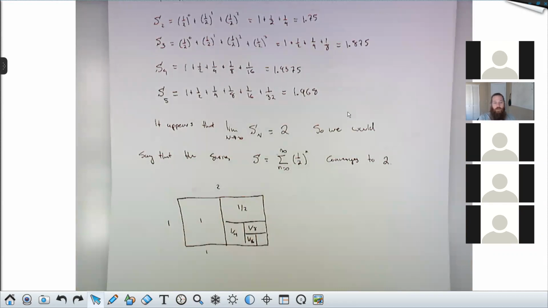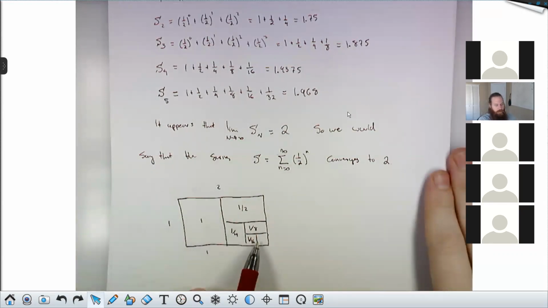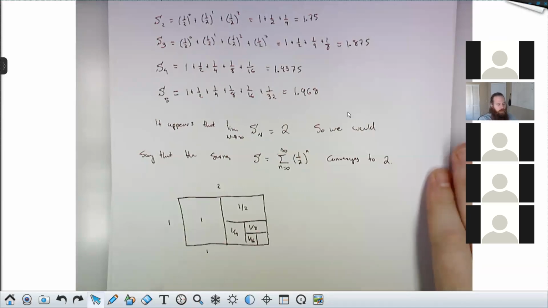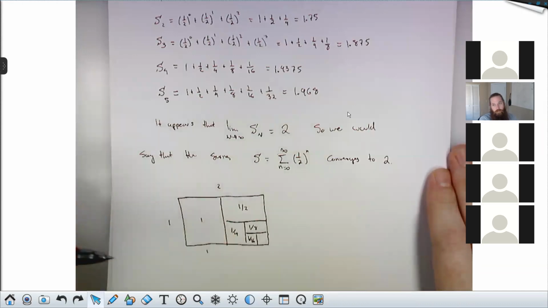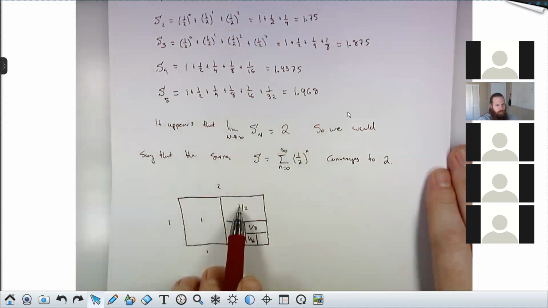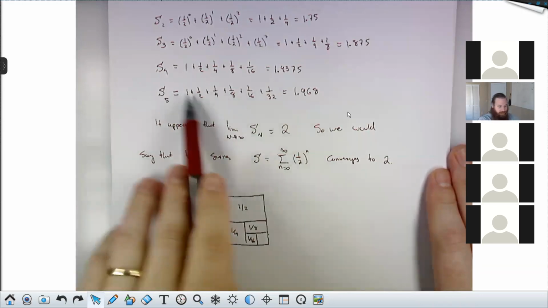And if I continue this pattern of chopping and chopping and chopping, there's 2 ways to interpret the area. On the one hand, the area is 2 times 1, which is 2. On the other hand, the area is 1 plus 1/2 plus 1/4 plus 1/8 plus 1/16. That's my infinite series right here.